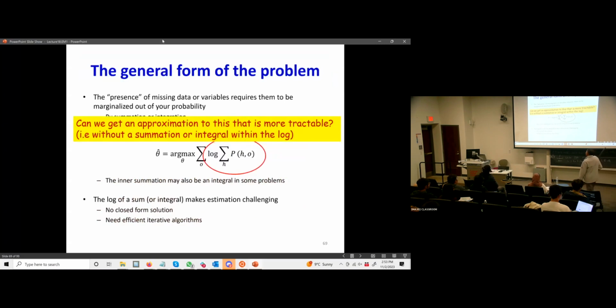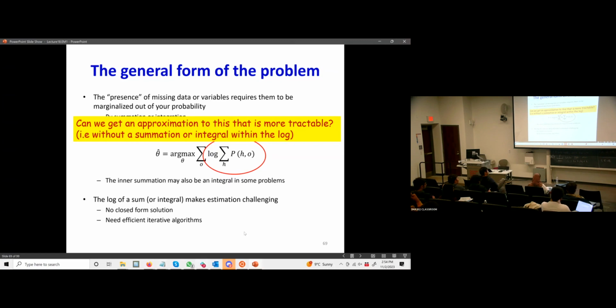But you're right. So here's a problem that we've got. We have a problem where you have the log of a sum, and the summation is occurring because I'm trying to marginalize out H. Now, I cannot solve this problem, because I have the log of a sum and this makes the optimization challenging.